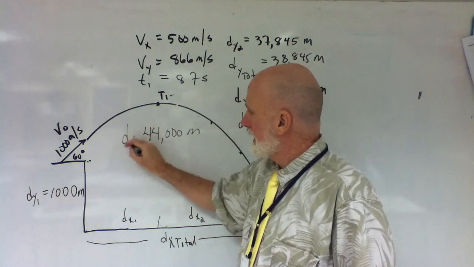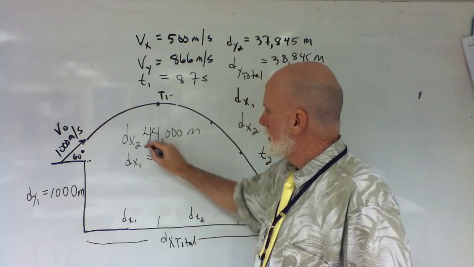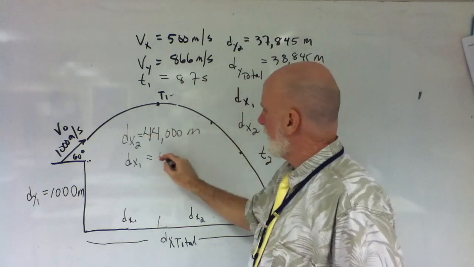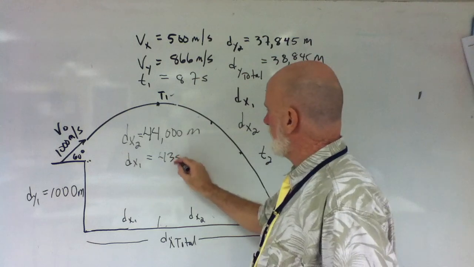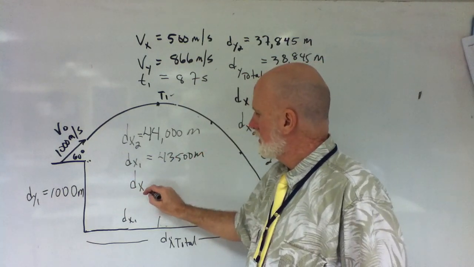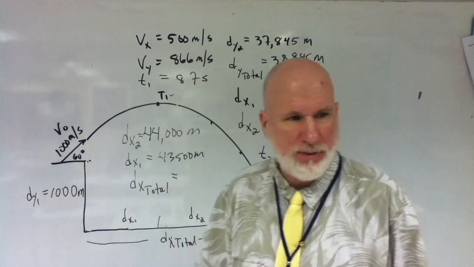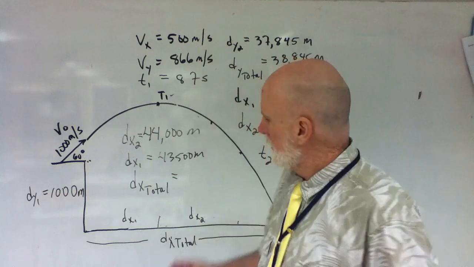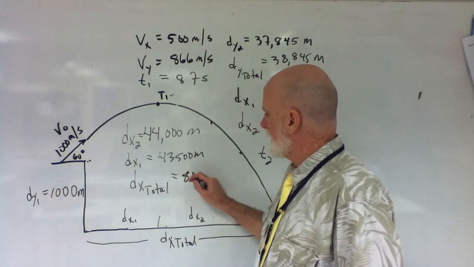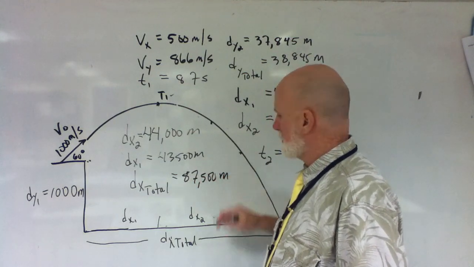It's dx2. dx1 equals 43,500. So the answer is going to be dx total, which is the more important value. You want to know how far it went, correct? It is going to be 87,500 meters.